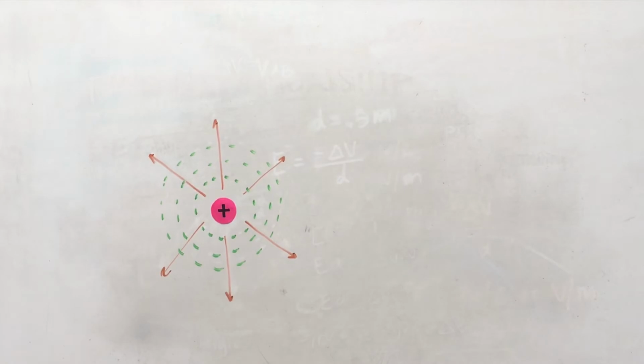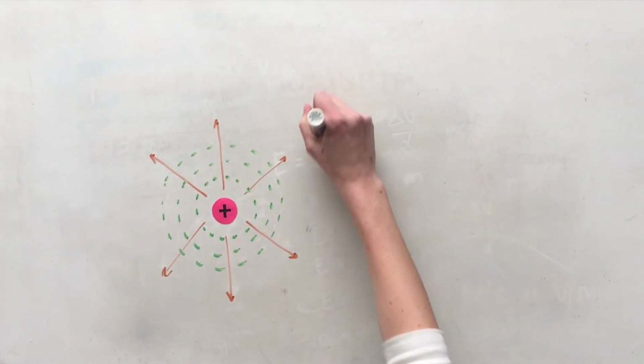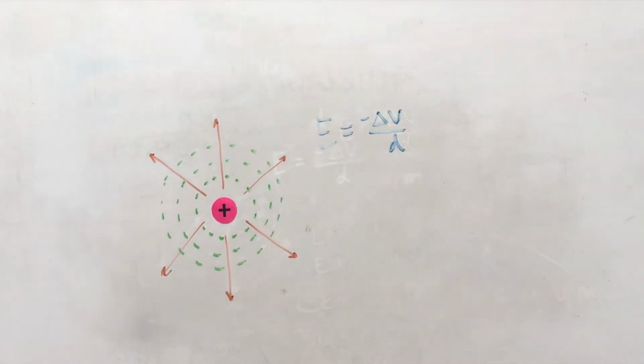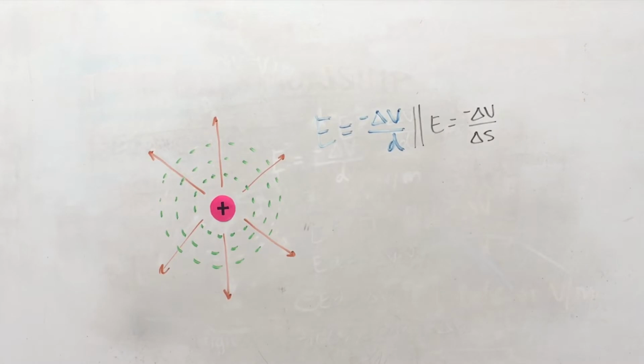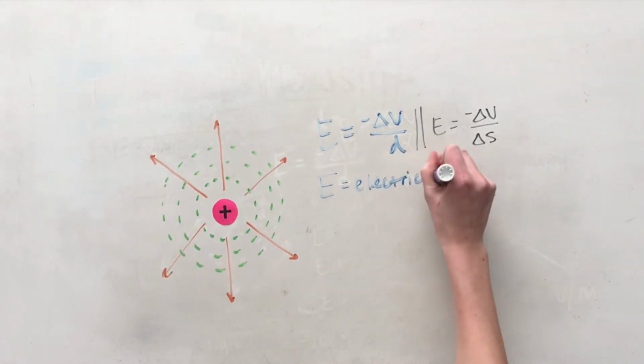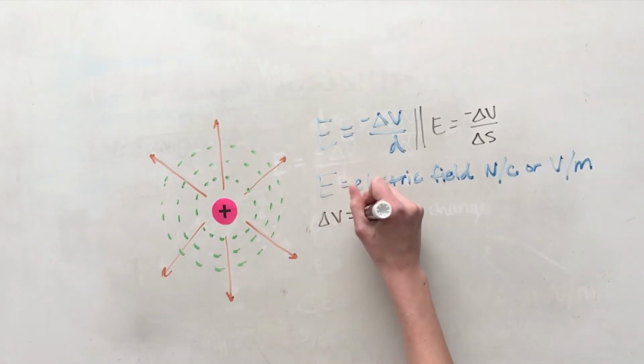The relationship between electric field and electric potential is given by the equation E equals negative delta V over D. D is also sometimes replaced by delta S, but they mean the same thing. In our equation, E is the electric field, given in units of newtons per coulomb or volts per meter.